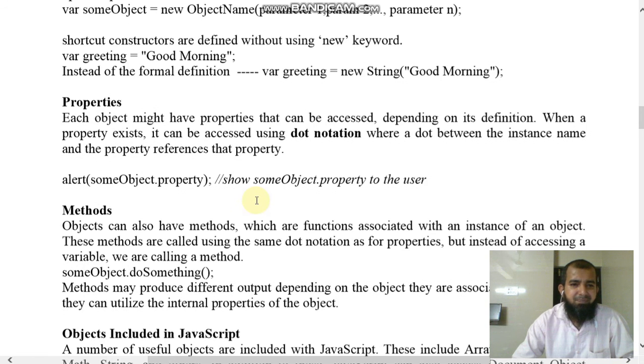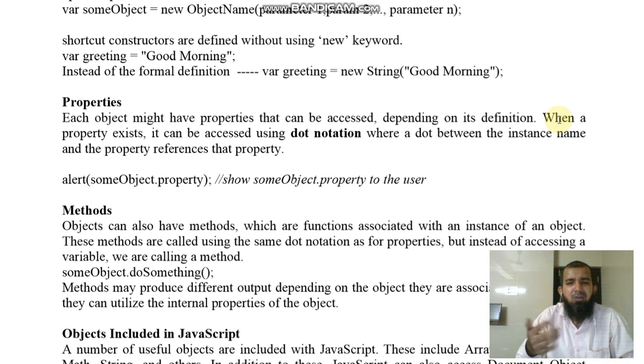Then properties. Each object might have properties that can be accessed depending on its definition. For example, Student is a class, and you can create an object like s1. What are the properties of the student?